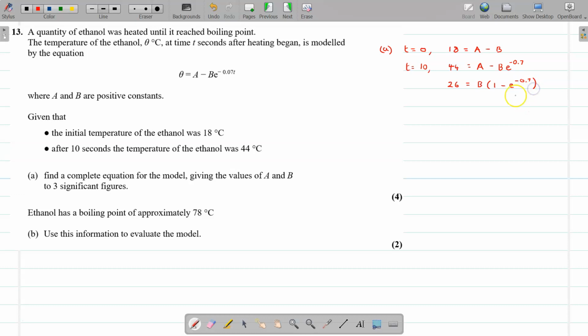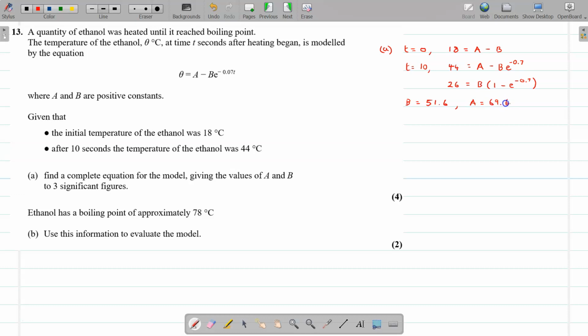If I divide both sides by 1 minus e to the minus 0.7, it will give me that b is equal to, to three significant figures, 51.6, and a is therefore going to be 18 more than b, which is that a is 69.6.